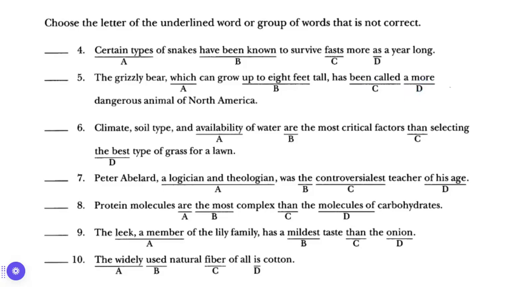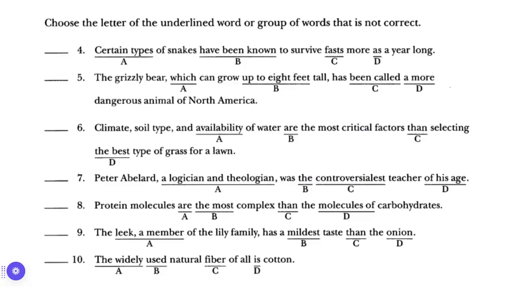Number 6, the wrong word is letter C. It should be in. Number 7, letter C. The correct should be most, the most controversial. Number 8, B, more. The correct word should be more.